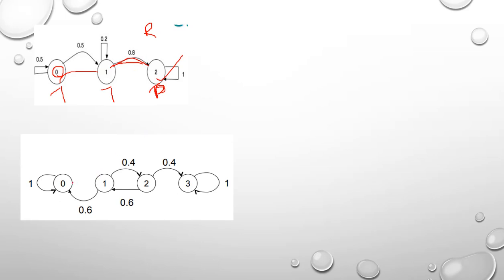Now I can move to these examples also. 0 is a persistent class. Then 1 is transient, because from 0 to 1 steps are not there. 2 is persistent, and 3 is transient. You can observe, you can easily understand this also.